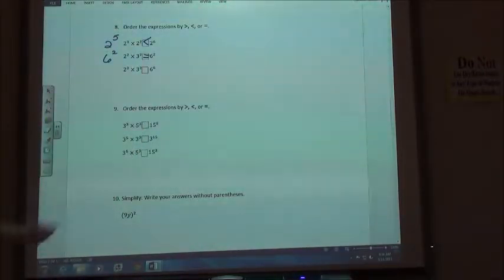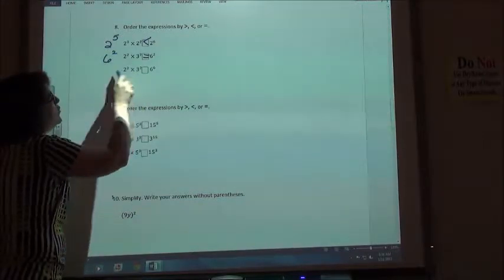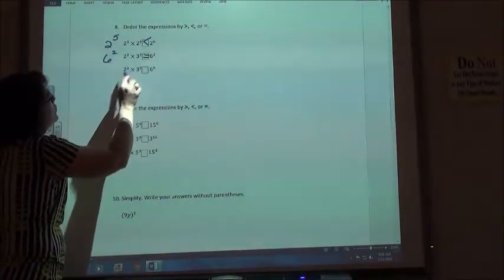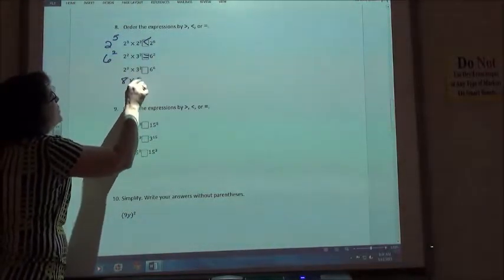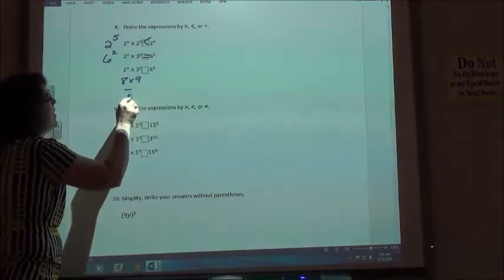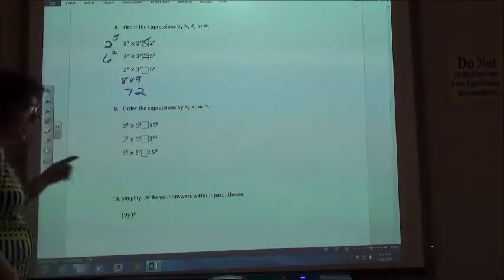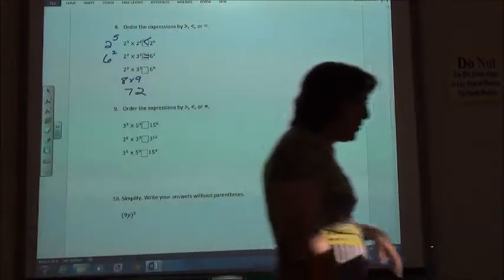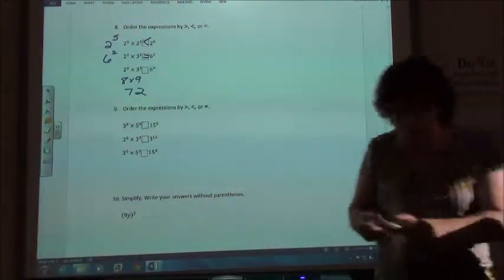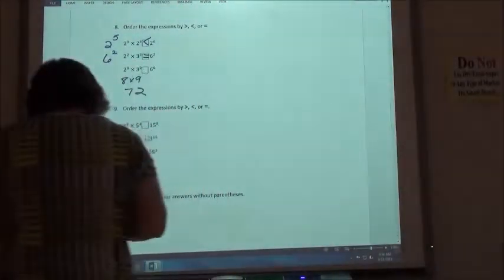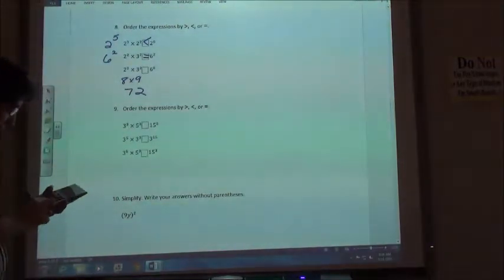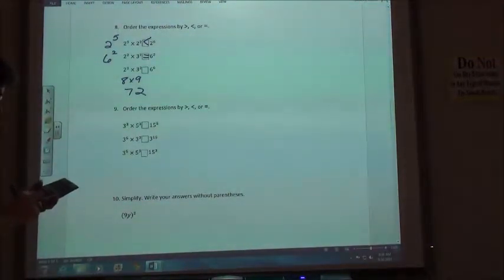The next one, 2 to the 3rd power, 3 squared, neither are the same, so 2 to the 3rd is 8, 3 squared is 9, 8 times 9 is 72. 6 to the 6th power, I don't know what it is in my head, but I know it's going to be really big. 6 times 6 times 6 times 6 times 6 times 6.